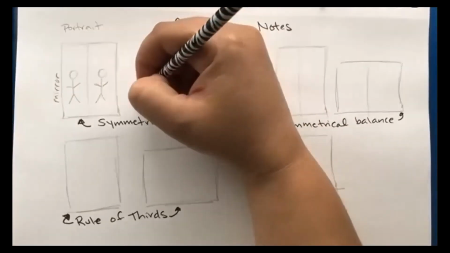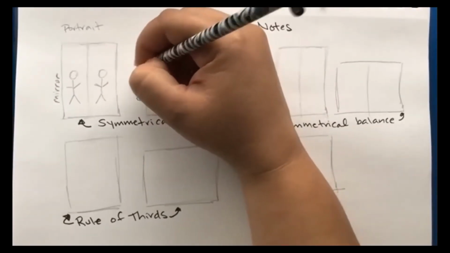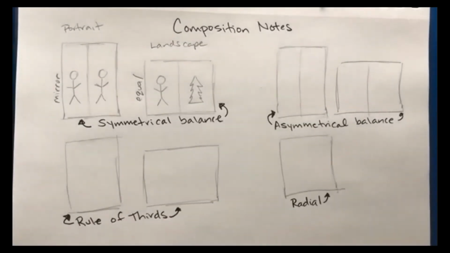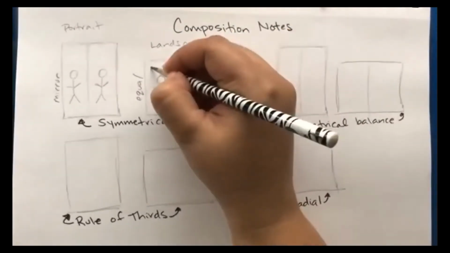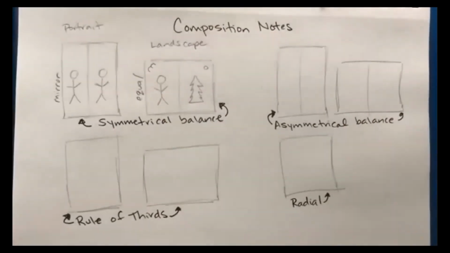So this one, I'm gonna just put equal. They're the same height, they're taking up the same amount of space, and they're balanced. So both of those could be symmetrical balance. They don't always have to be mirror-like. Things just have to be placed in the same spot, right? So if I put a little moon over here, then maybe I have a little bird in this corner. It's all about balance.